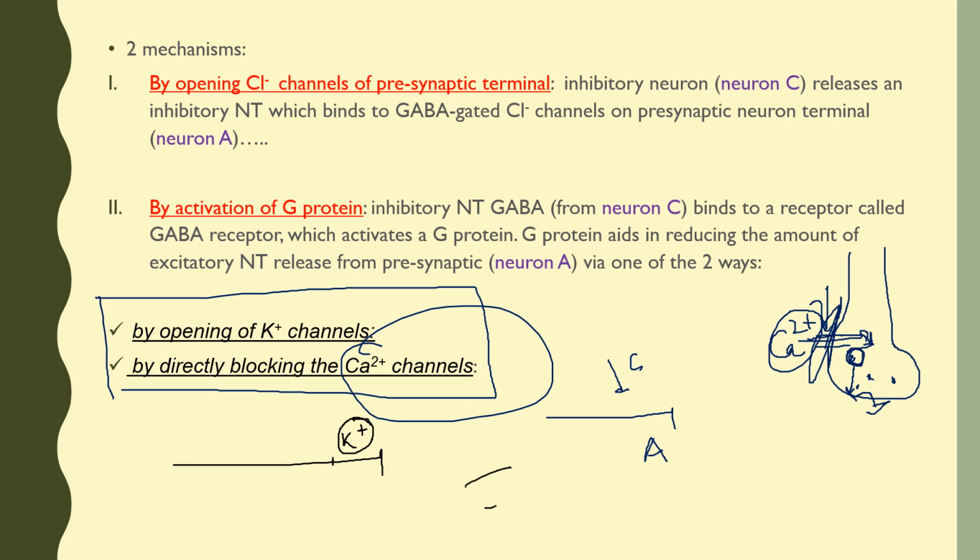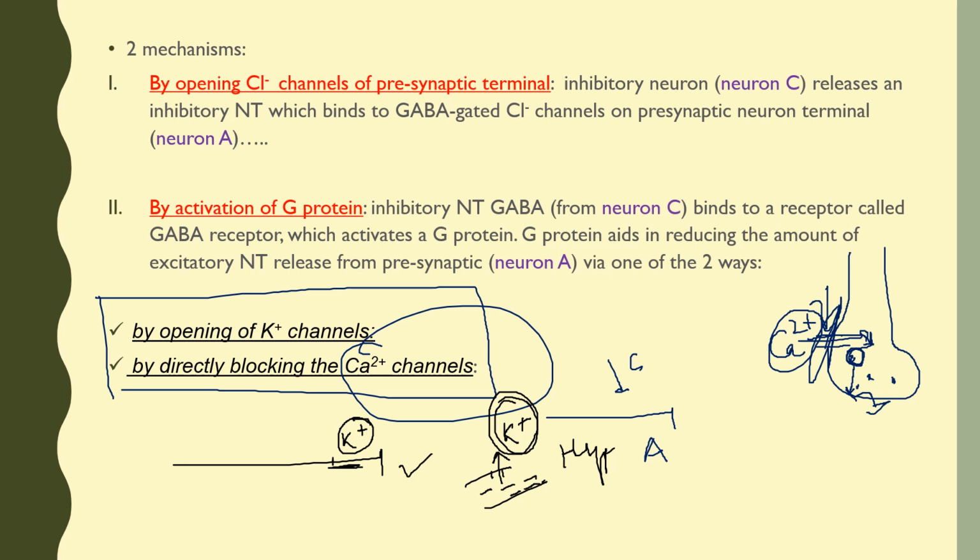So as soon as the potassium channel opens up, potassium will move along the concentration gradient, which means it will move outward. When the positively charged ion moves outward, the inside becomes more and more negative. What does that depict? It depicts that it is getting hyperpolarized. So lesser depolarization, less release of the neurotransmitter.